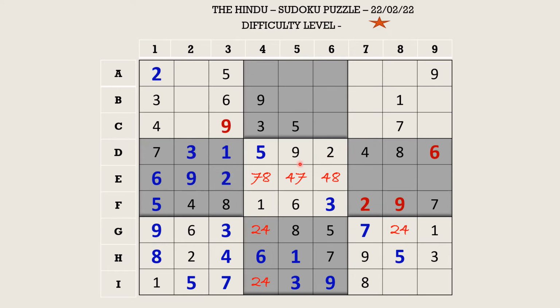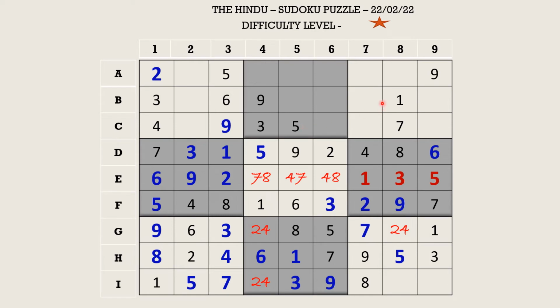In E row there are 3 empty cells and the missing numbers are 1, 3 and 5. There is 1 and 3 blocking here. So E9 takes 5. Now there is a 1 here in 8th column, so E8 takes 3 and E7 takes 1.